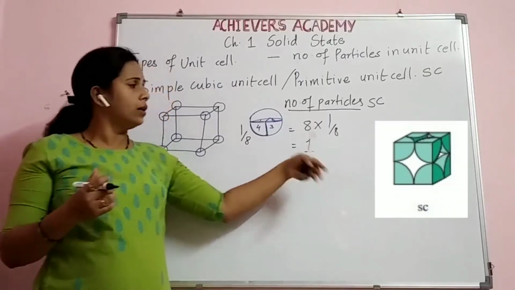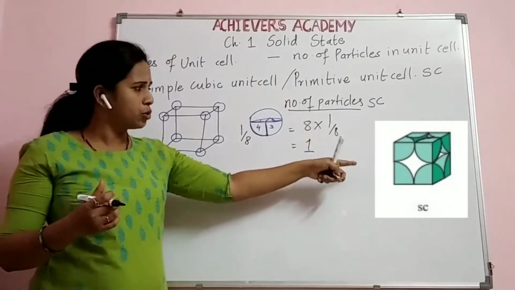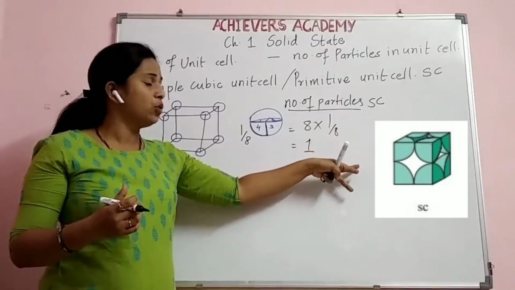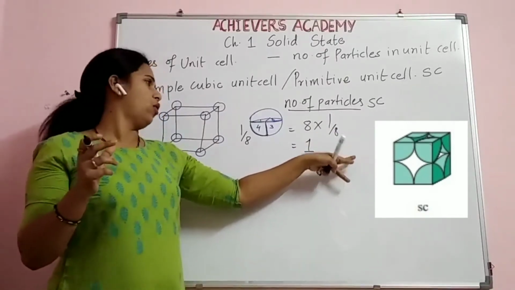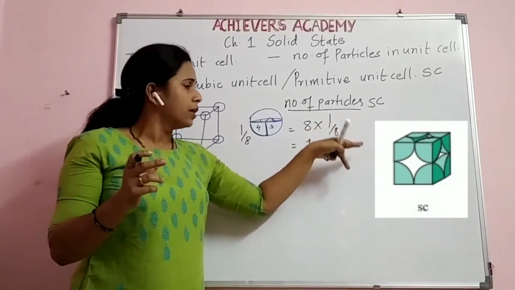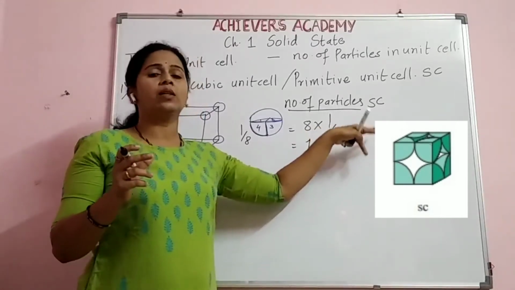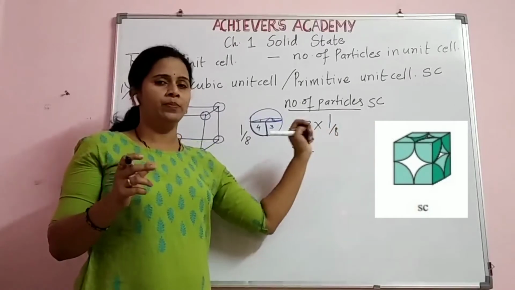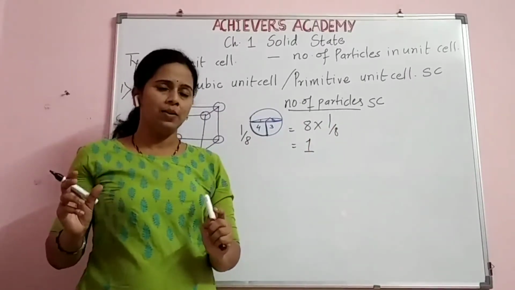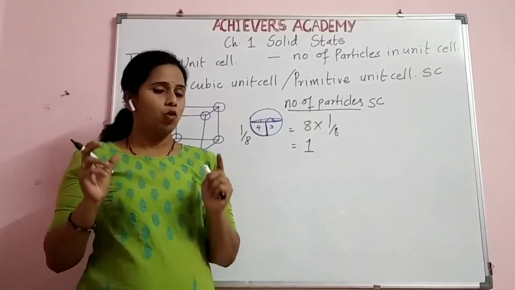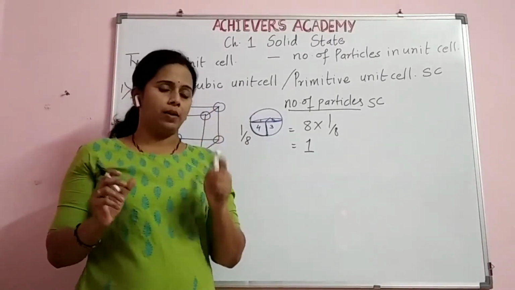In the next figure you can see how only the 1/8 part of each particle is there, so that makes one whole particle. Is it clear, students? The simple cubic unit cell always contains one particle.